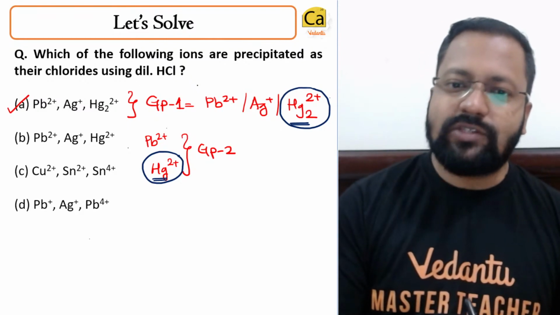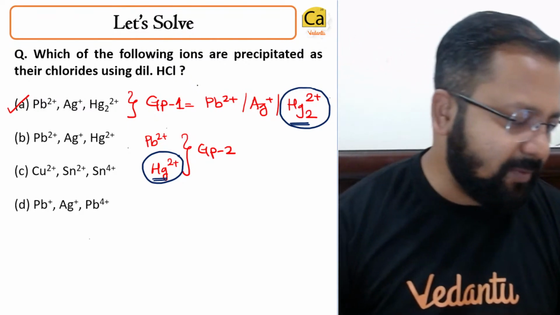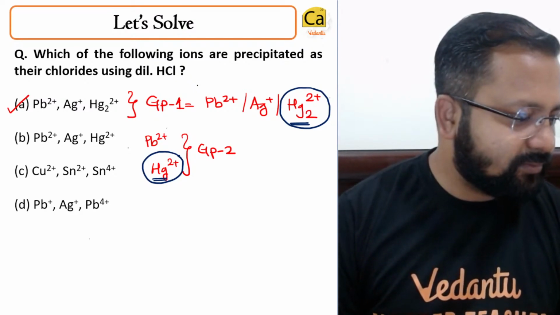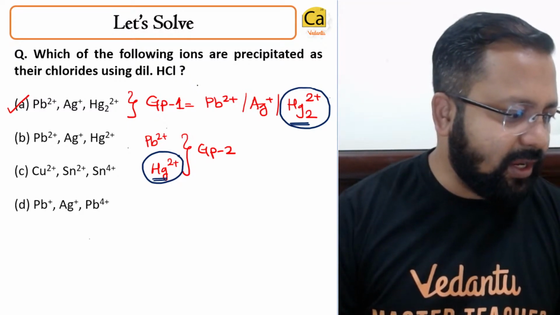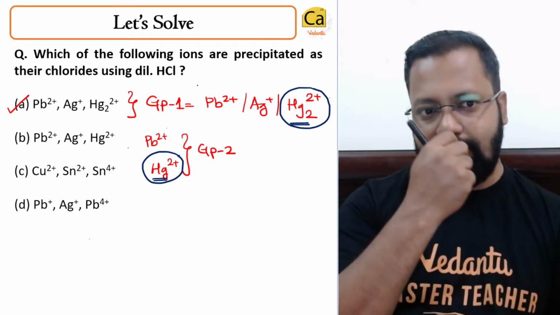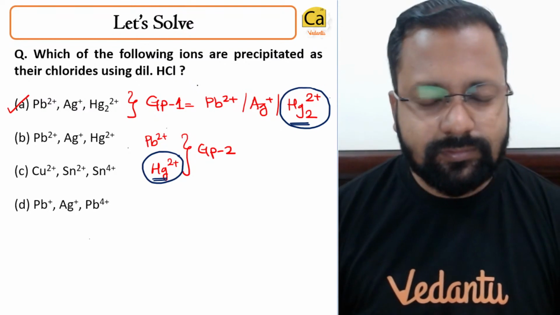Group 1 contains mercurous, group 2 contains mercuric. Okay, is that clear? The right answer is A. Clear?